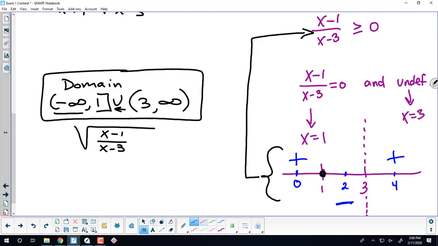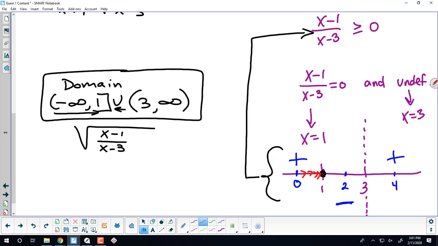We're approaching from this direction. The function is left continuous at 1, so we can approach that value from the left. Right? So as we approach values from the left, a way to think about it is, well, I know from these values as I approach 1 from the left, my function's always positive, right?